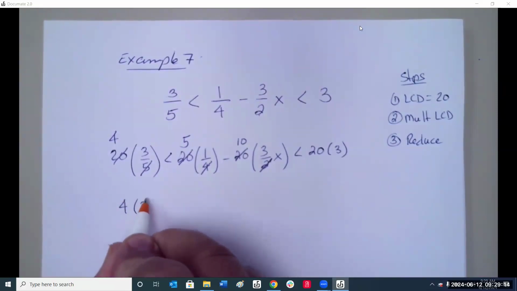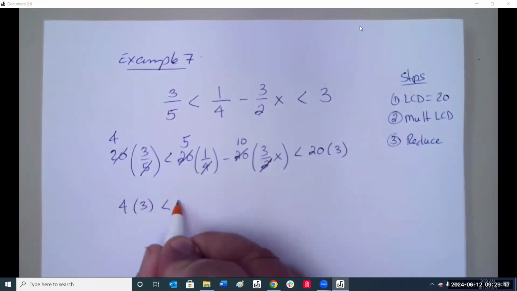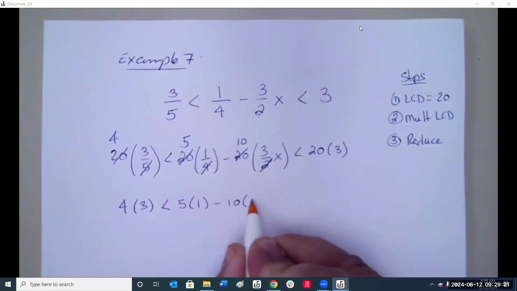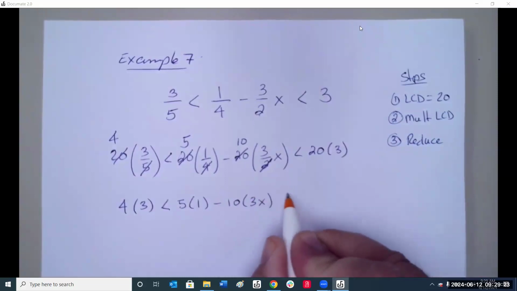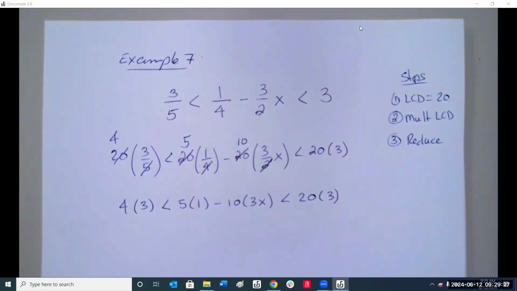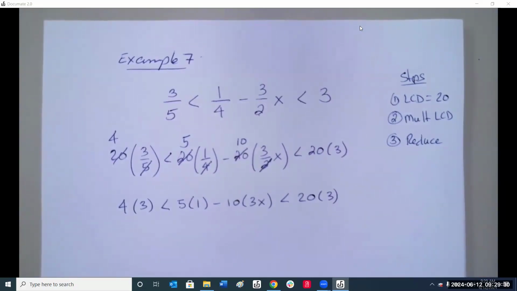So our purpose for doing that is to get rid of the fractions. So we found the LCD, multiplied each term by the LCD, reduced.